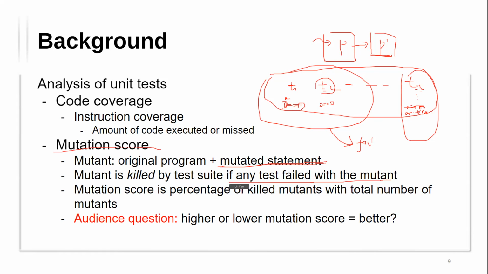The larger the number of test cases that fail, the more are killed, the better, and the higher the mutation score is. Of course, there are a lot of metrics to calculate the mutation score, but the idea is just like this.